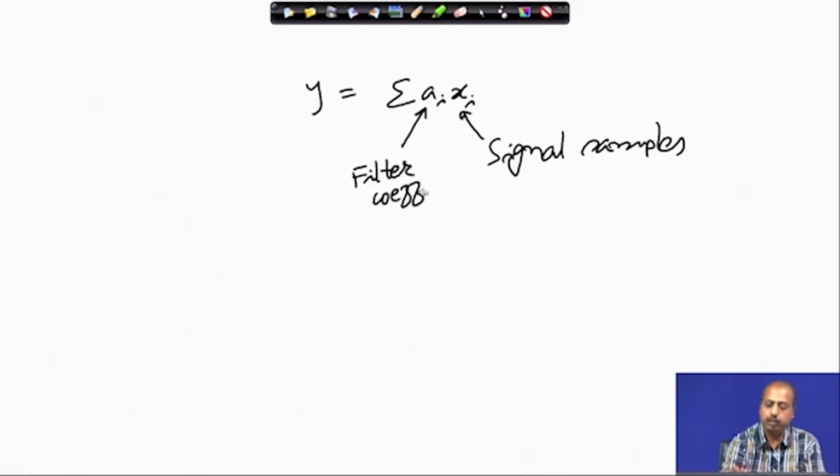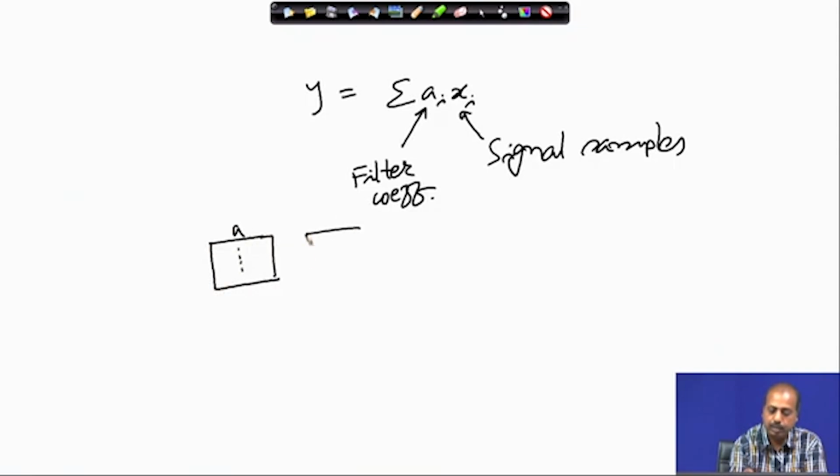Whenever we are doing any computation in signal processing, these are the filtering operations, so they often do like this. Now, if you want to do it by means of hardware, then what is required is you should have a register which will hold these a values.